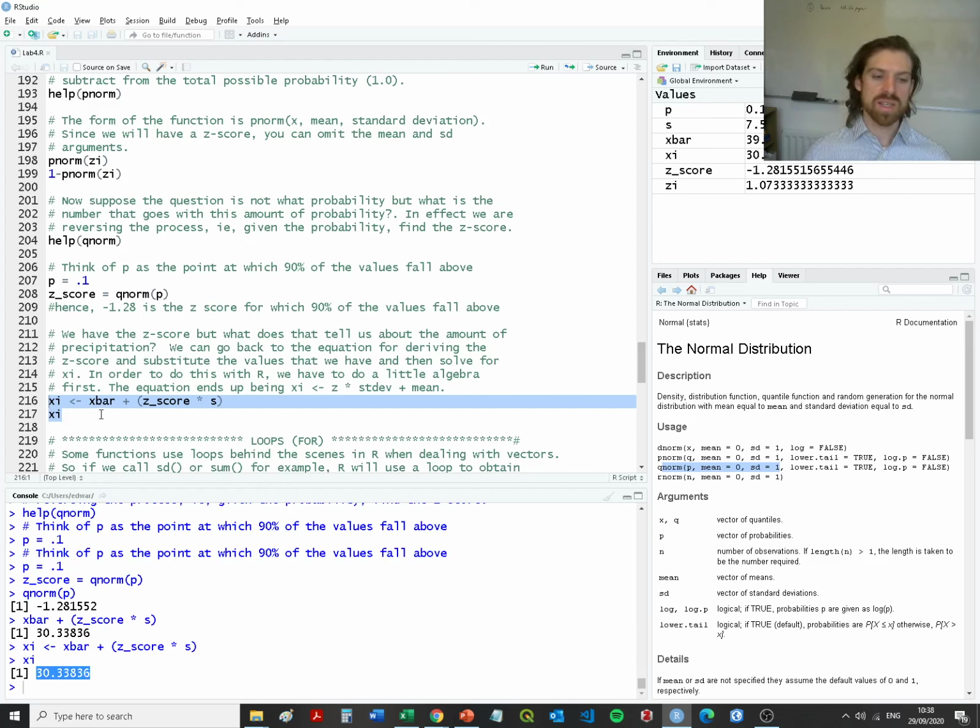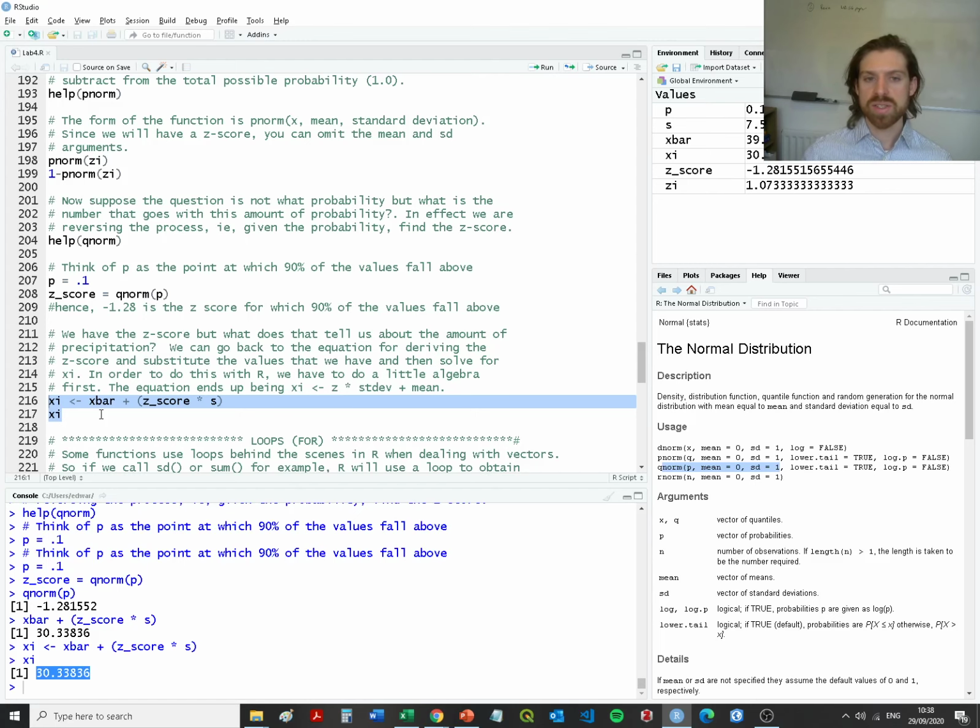What this tells us is that 90% of the values fall above 30 inches. That can be used in future probability assessments, particularly if you want to know where a value is relative to the rest of the distribution.